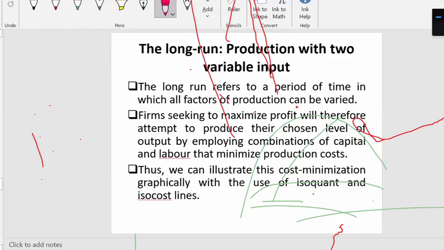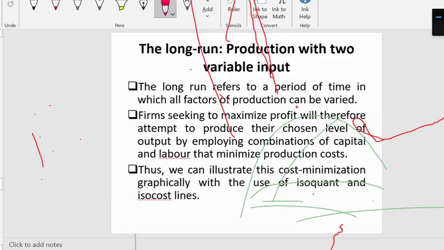So, kwa mfano, if you use land, sometimes due to technology and other factors, those factors of production may change. If you use capital, let's say a machine, sometimes those machines can change due to some factors.